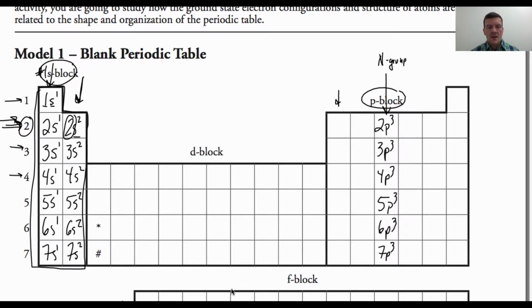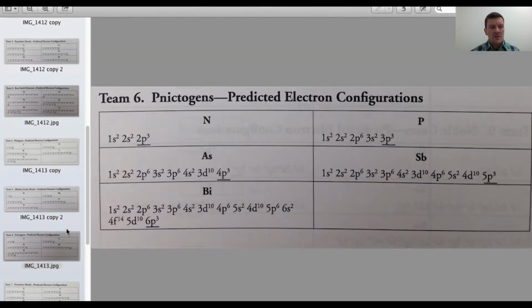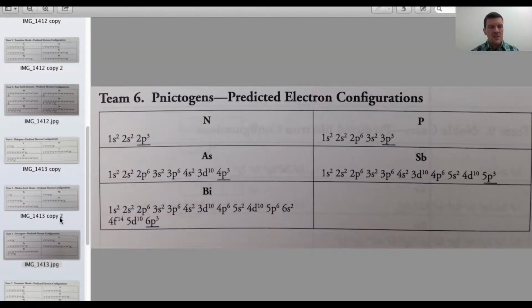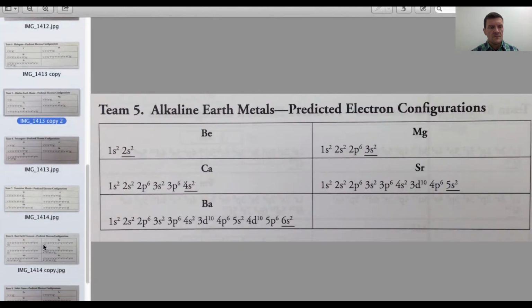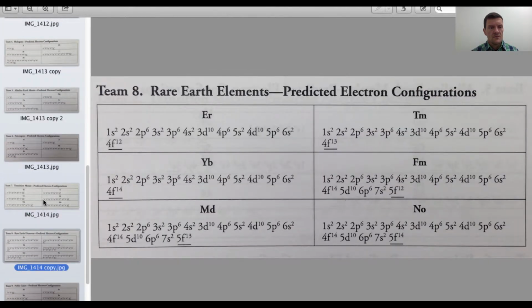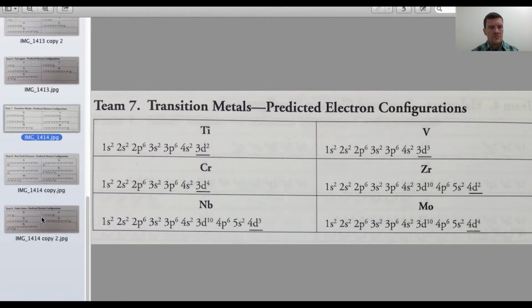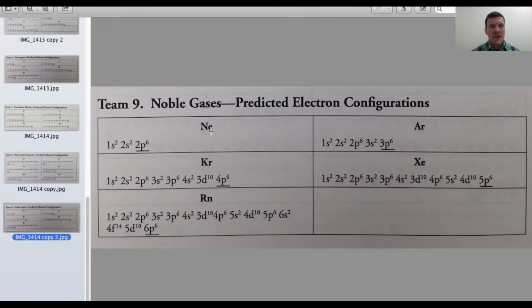Let's find another one that ends in P here. Here we have the noble gases, and that is the last group, the last column on the periodic table, and they're all ending in P6.